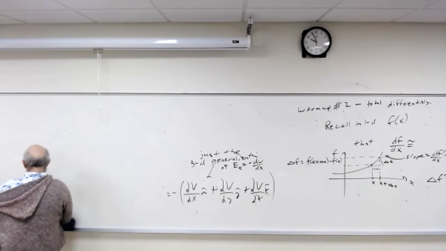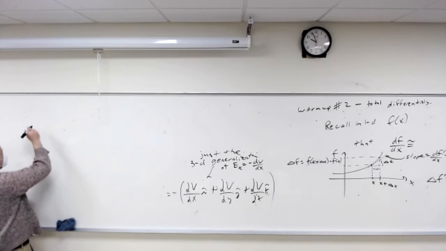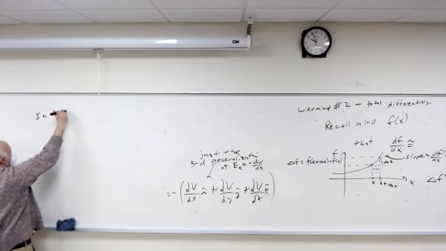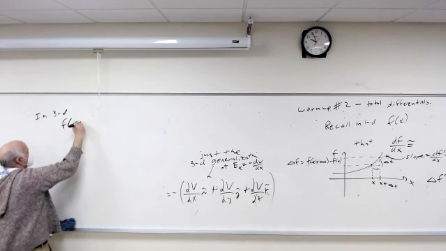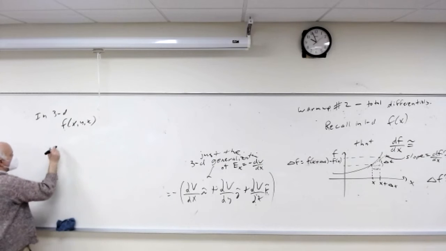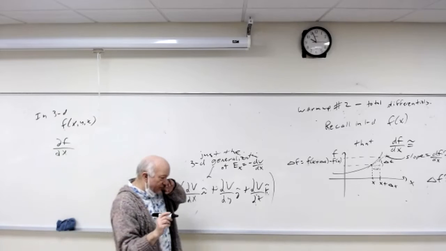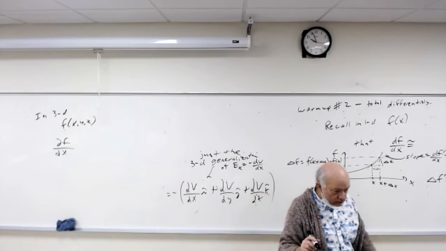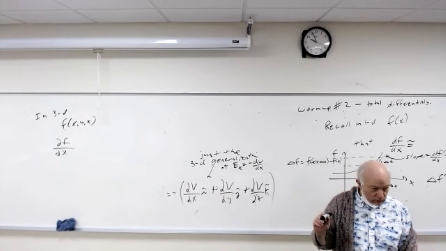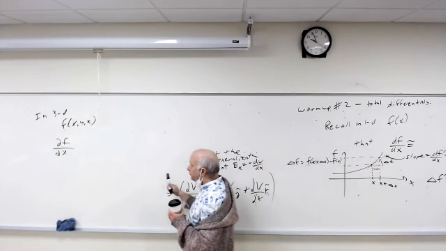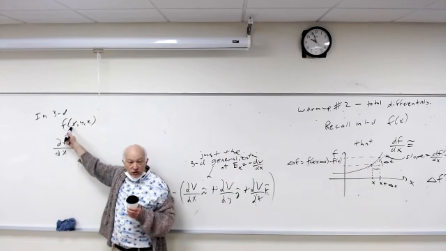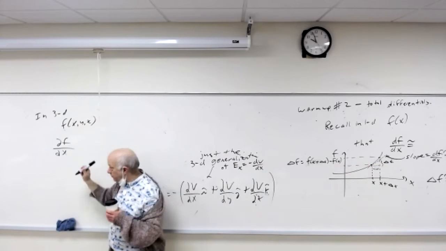So in 3D, I have a function of x, y, and z. I can say the partial of f with respect to x. Okay, what does that mean again? You take a derivative with respect to x, everything else is constant. You're seeing how this function changes if you only change x. You're keeping y and z the same.